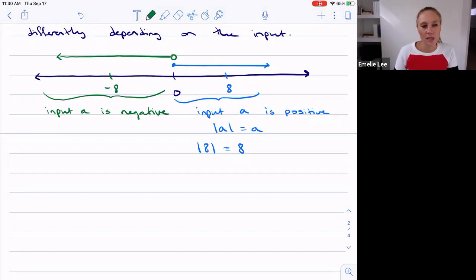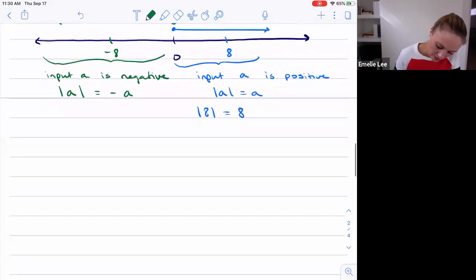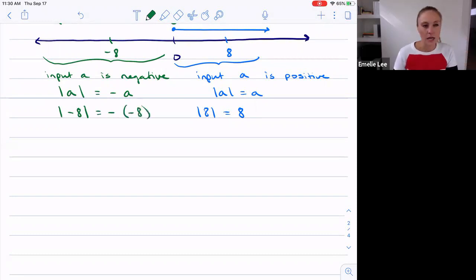What happens is the absolute value of A is the negative of A. But in this case, if we have negative 8, then we get negative negative 8. Right? Negative of negative from last day, we know is just positive 8. So that's how it becomes positive.